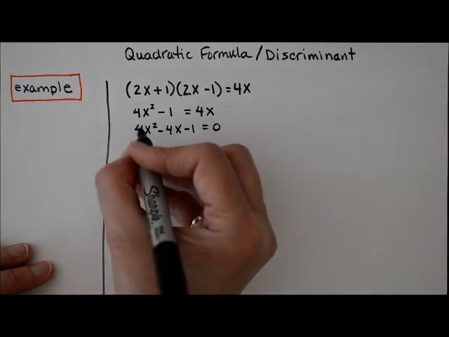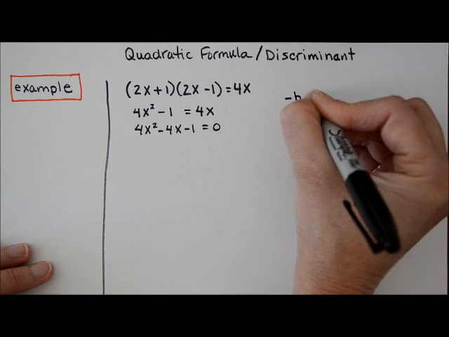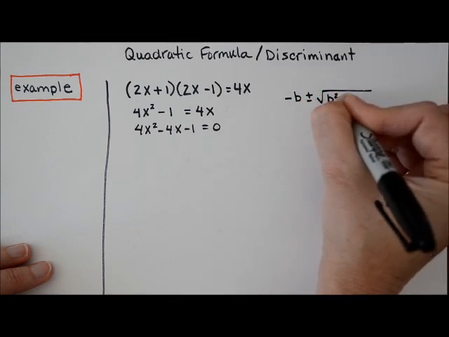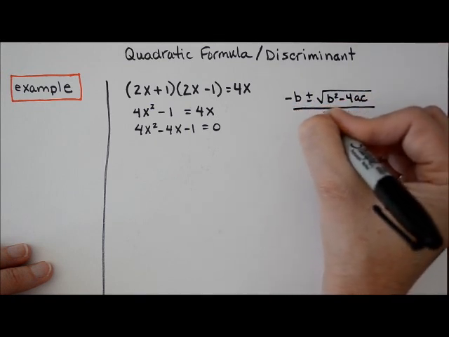I can now put it in the quadratic formula. I'm going to write quadratic formula over here, opposite of b plus or minus the square root of b squared minus 4ac all over 2a.